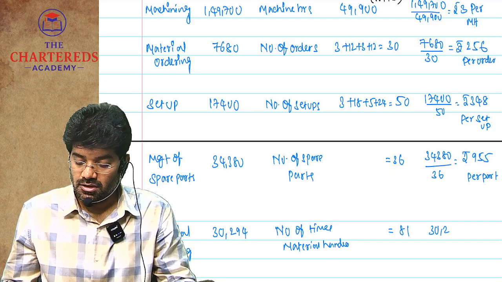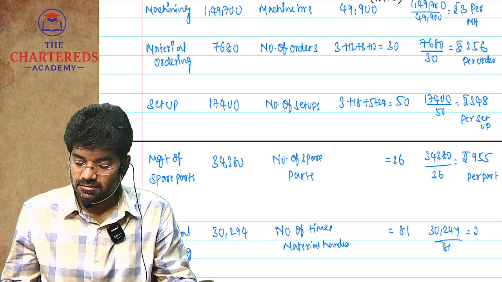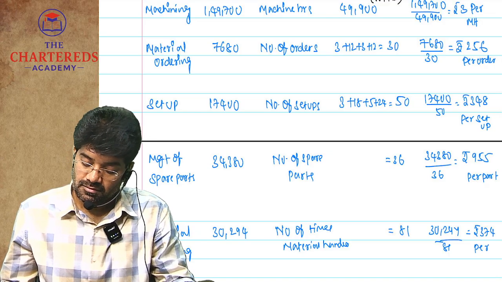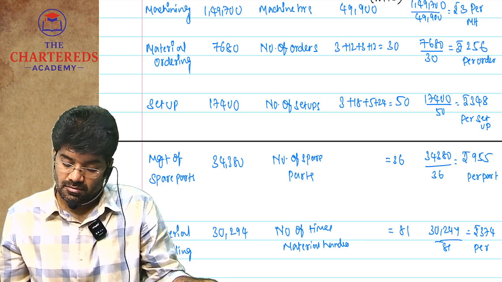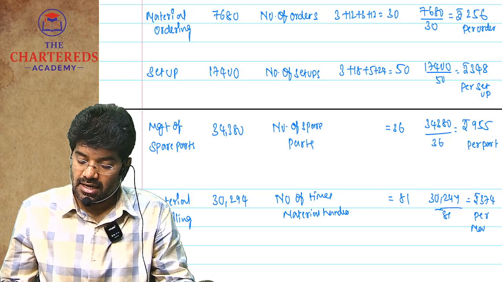So 30,294 divided by 81, 374 for material handling.